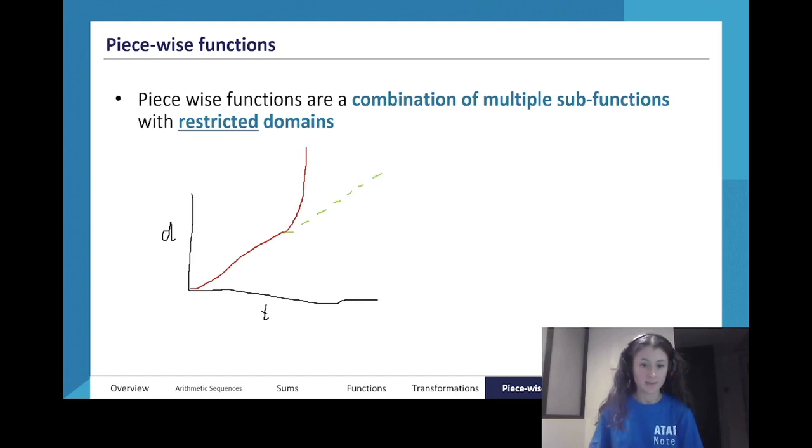And that's because, as it says up here, a piecewise function includes functions with restricted domains. Remember from the last section, the domain is the interval of x values for which a function exists. So I've only drawn those two functions for a limited interval. I haven't drawn the full things. Okay, now that was a very messy example. Now we're going to get onto actually how to draw piecewise functions.